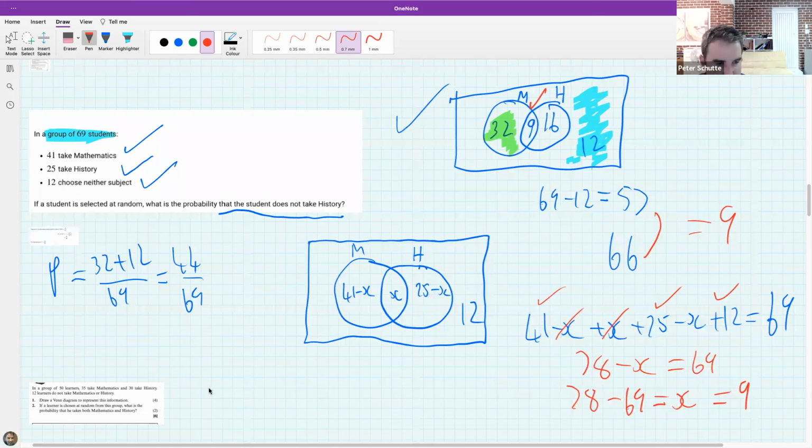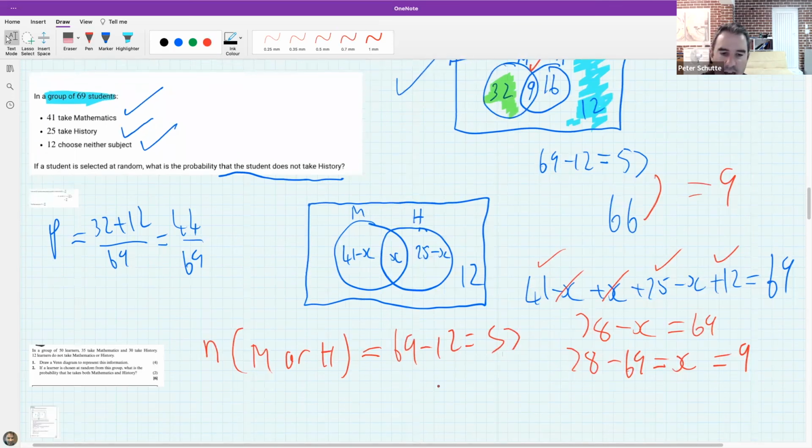You could. So when you do that, you would have to say M or H, and you know that M or H would be 69 minus 12, which gives you the 57. Yeah, you can do that.